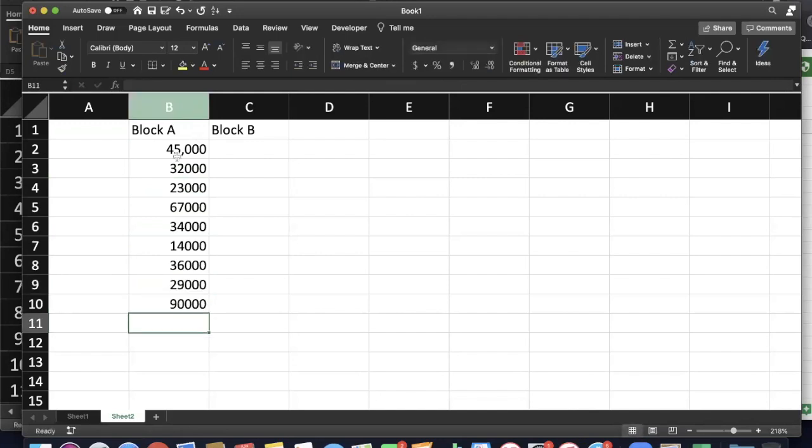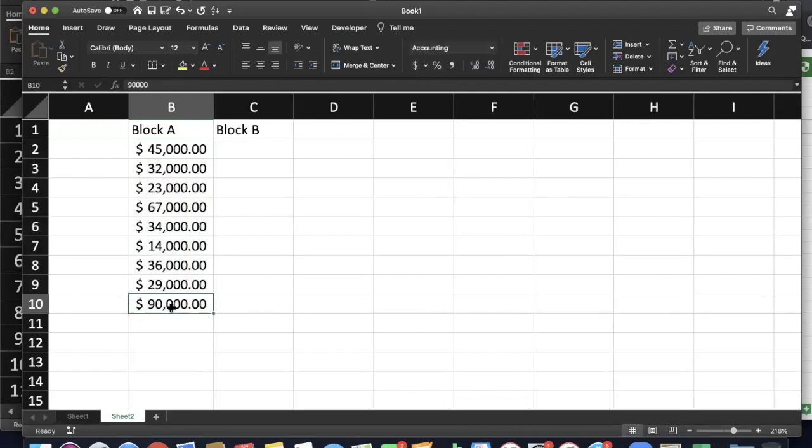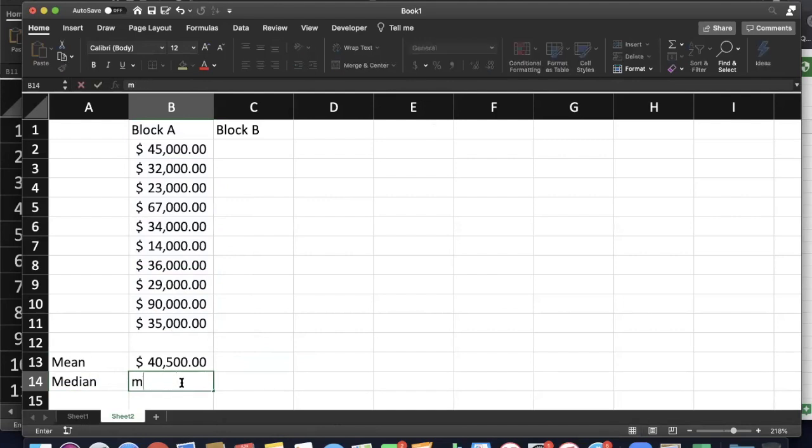And we got a mix of people on the block. I'm going to take the comma out of here. Well, I guess I could turn this all into money, since we're talking about money here. And I'm just going to put one more person on the block. Okay, so the mean is 40,500, and the median, remember I got to start with equals to calculate, just highlighting the data I want to do, is 34,500.